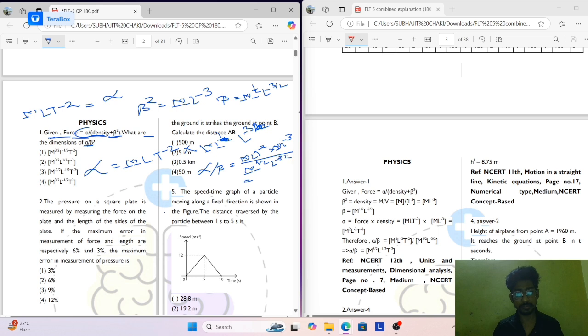So here M^2 minus M^1/2 means M to the power 3/2, right? M to the power 3/2. So option number 1, 2 and 4 will be our answer.